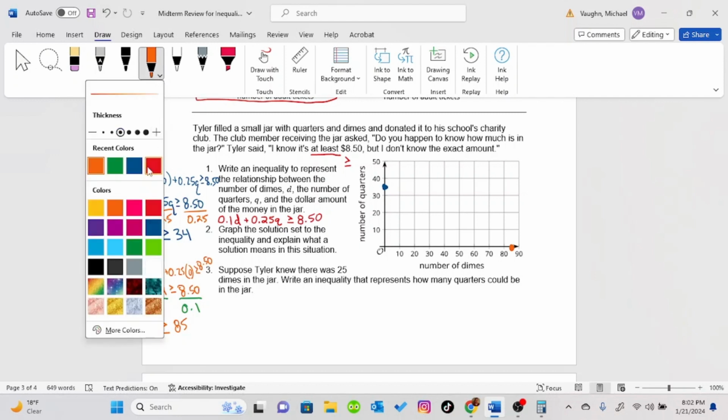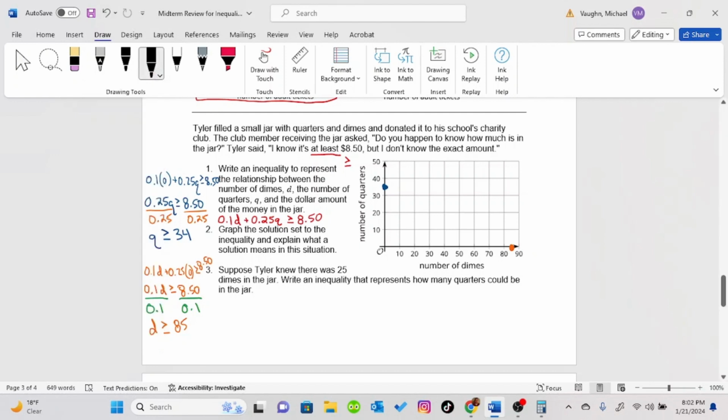And now, because we say that these intercepts must be greater than or equal to, that or equal to tells us this is a solid line connecting them.